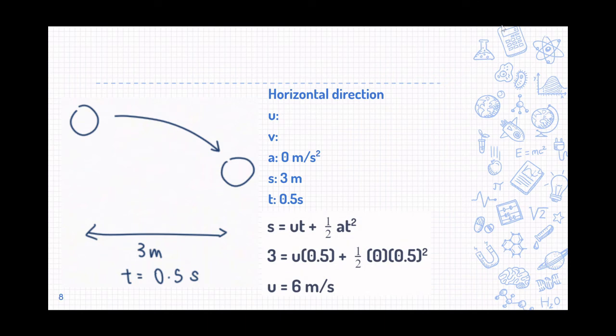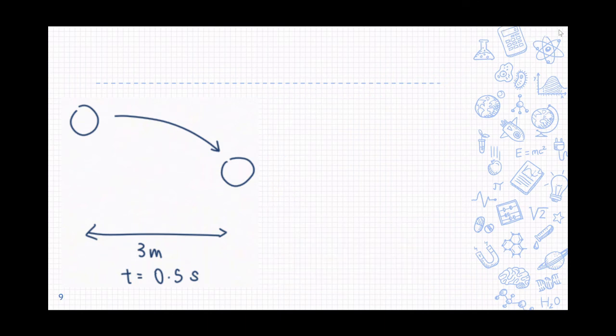What about in the vertical direction? Let's first list out the vertical components. We know that the initial velocity of the ball in the vertical direction is 0 meters per second. This is because the ball was thrown horizontally without any vertical components. We also know that the acceleration of the ball will be negative 9.81 meters per second squared, as this is the acceleration of free fall.